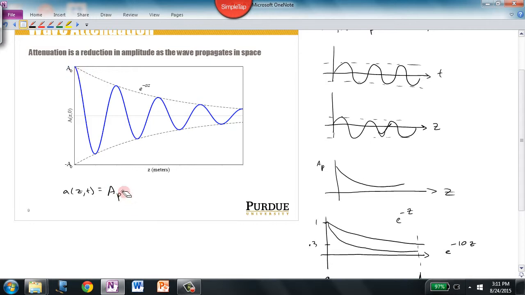I used A0 on this slide, so I'll be consistent with the slide. A0, and I've got some sort of attenuation value. That's how fast it attenuates, and that's just saying that it attenuates as a function of position, meaning it's going to attenuate the further away from the source I get. And then we multiply that by cos(ωt − βz ± φ).